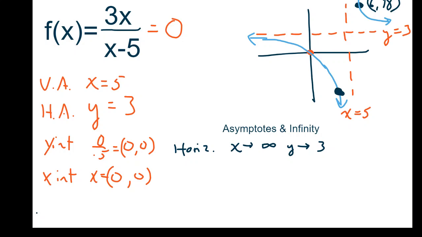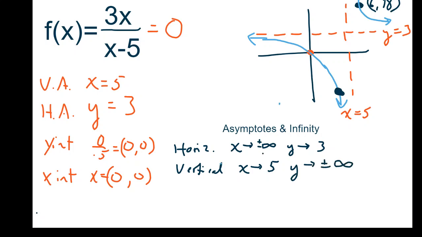Now we could be a little bit more specific here. We could say plus or minus infinity because it does happen to both the left and the right. And then we can make a statement about asymptotes of infinity that relates to the vertical asymptote. And in this case, we want to realize that this time it's x that's approaching the asymptote. X is approaching the value of 5, but it's y that is going to plus or minus infinity.